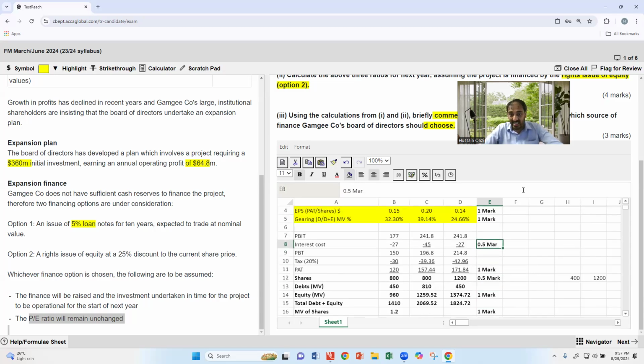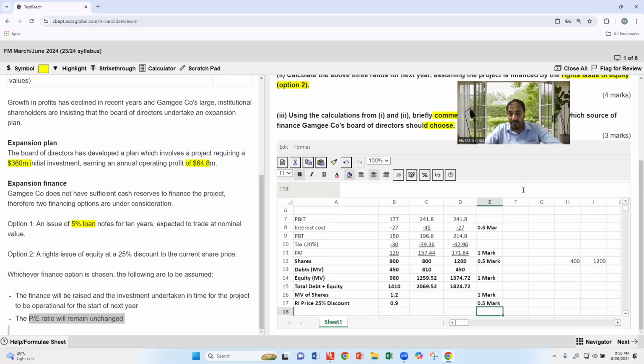For the calculation of interest cost only, you will be able to get 0.5 marks, especially this 45, because this 27 remains unchanged. To calculate the profit after interest, these two steps, profit before tax and taxation, you will be able to get 1 mark.